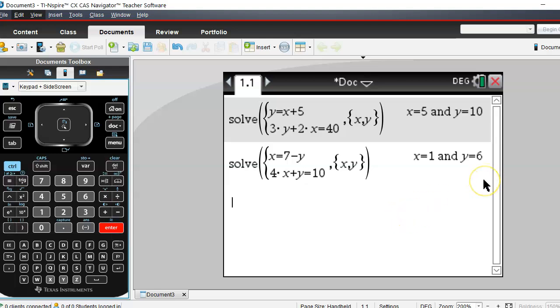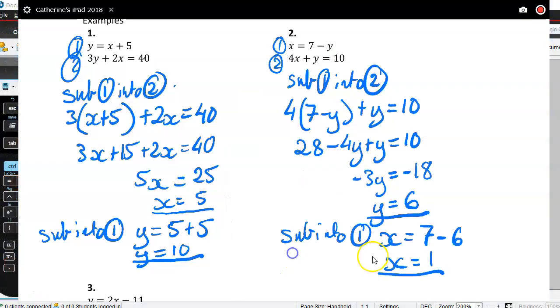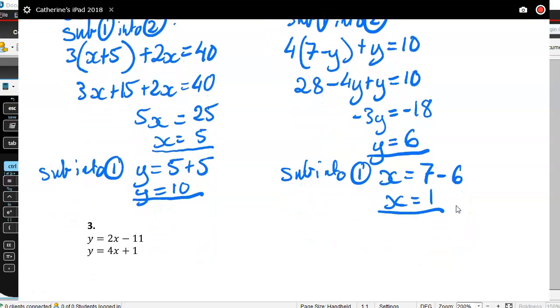Yay, I'm correct. But obviously you need to be able to do these by hand, but you should be able to do it on your calculator as well. Okay, now one thing I should note is that these are coordinates. So that's 5, 10, and this is 1, 6.